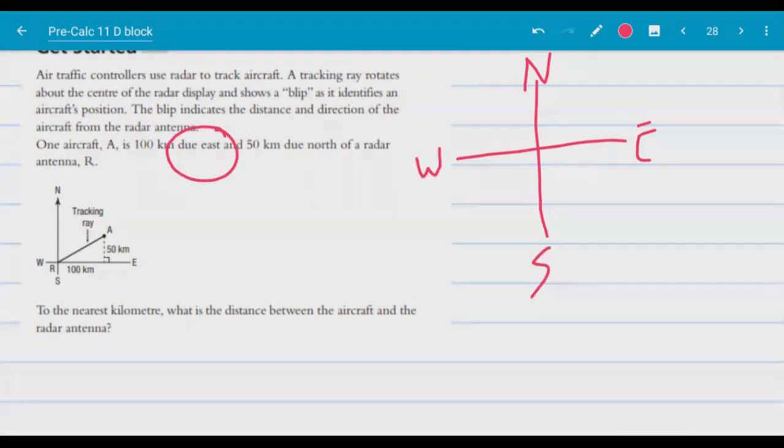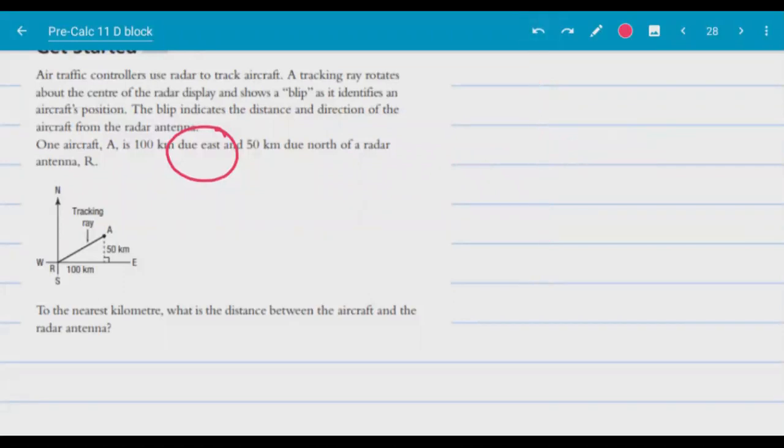Okay, so since it says it is 100 kilometers due east from the radar antenna, and then 50 kilometers due north, it already shows you in the picture what they mean, which is 100 kilometers east, and then 50 kilometers up. Okay. To the nearest kilometer, what is the distance between the aircraft and the radar antenna?